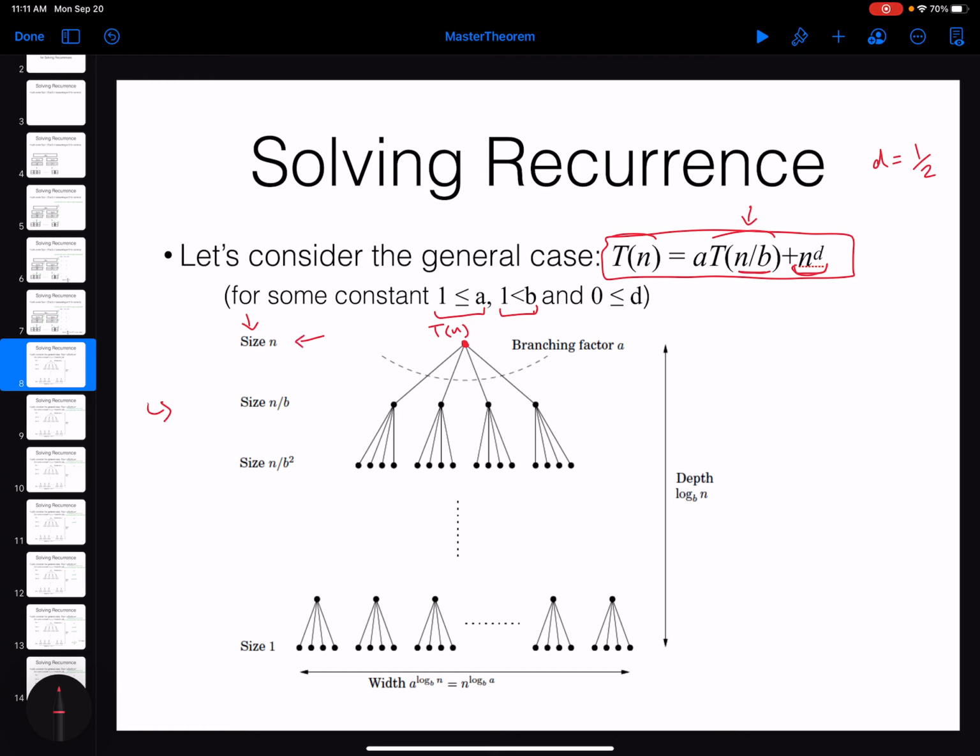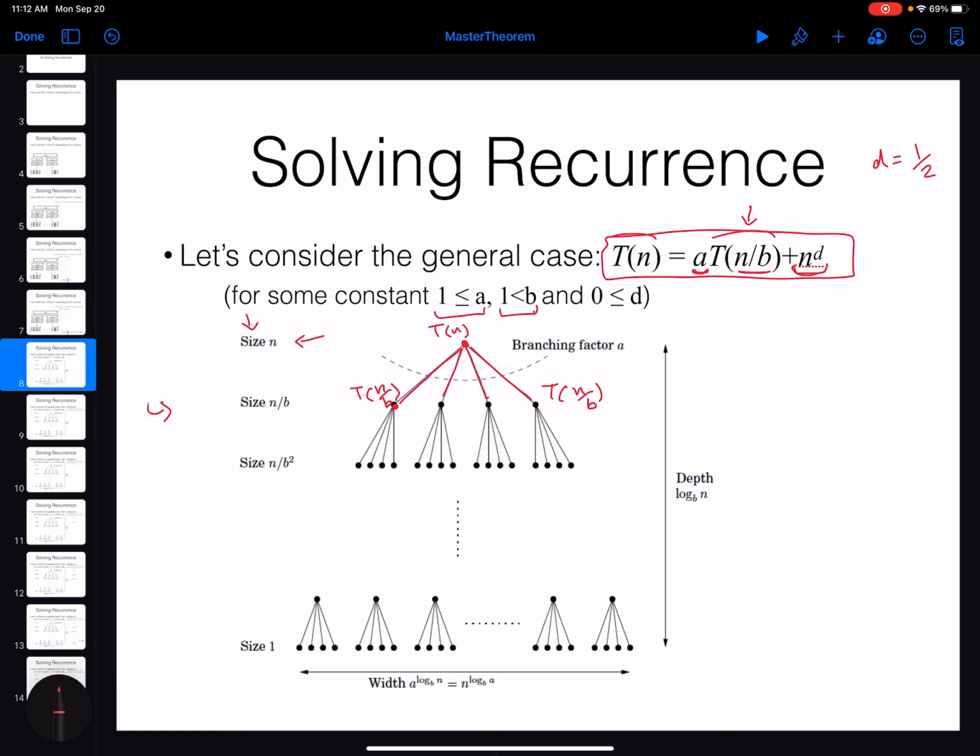At the next level, the size of each of these is going to be n divided by b, so each of these nodes corresponds to T of n divided by b. And how many of them do you have? A different branching factor, a different number of T of n divided by b. You can see that this is exactly the recursion tree that we have discussed before.